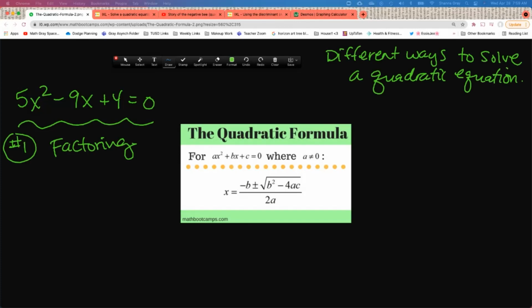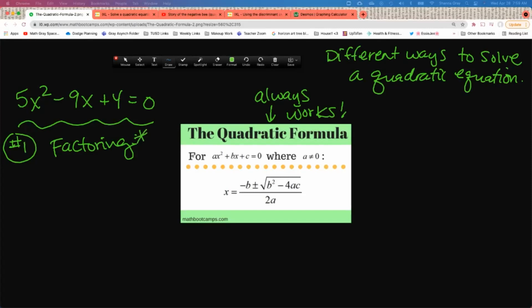Factoring in some ways is a little easier because a lot of times it's rational numbers that can either be whole or fractions, which are easy to deal with. If you have a different kind of solution, then the quadratic formula always works. That's what's really nice about it, it works in every single situation.